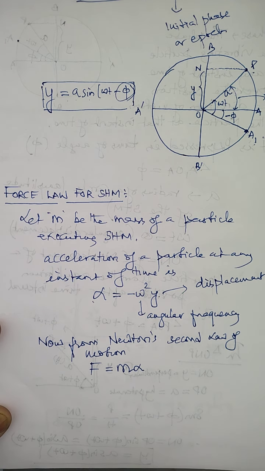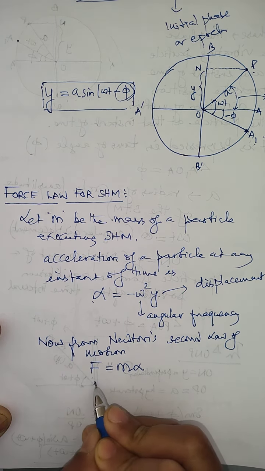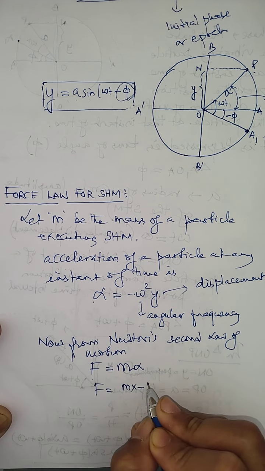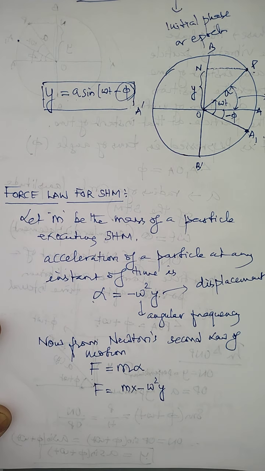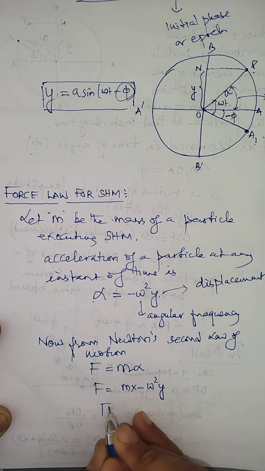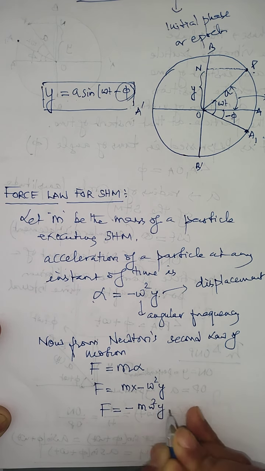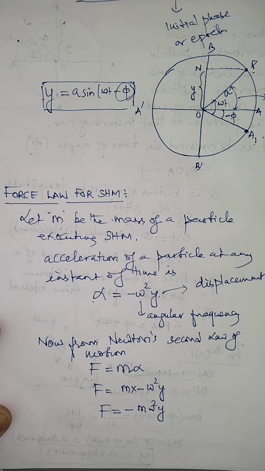So this is force. Now let me substitute the value. F equals m into alpha means minus omega square y, which means F equals minus m omega square y.